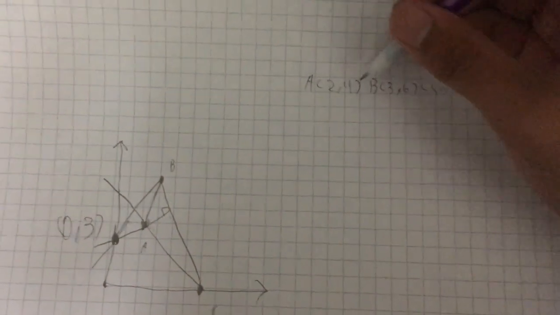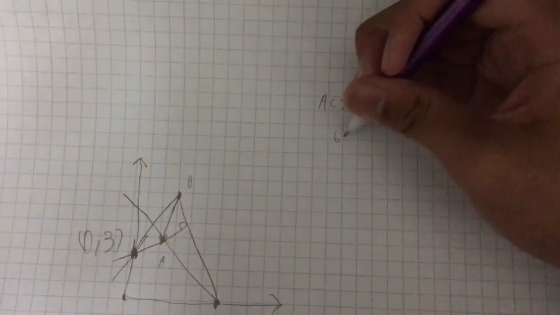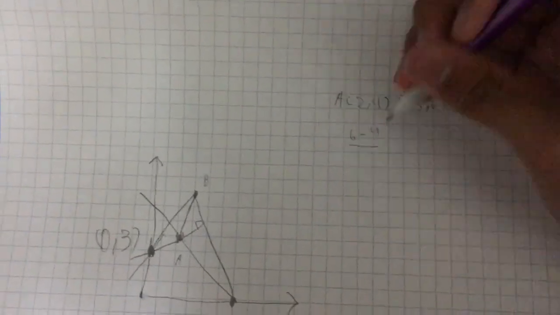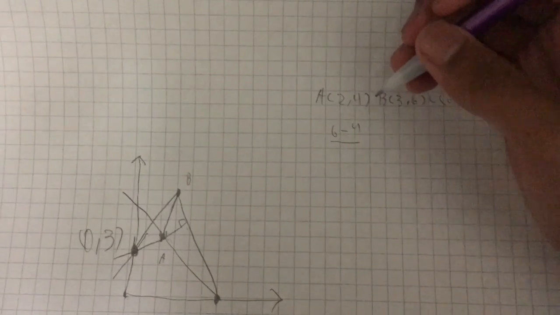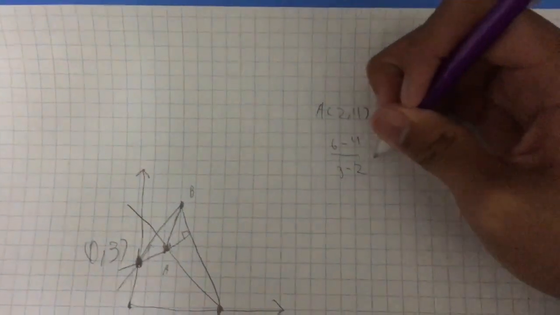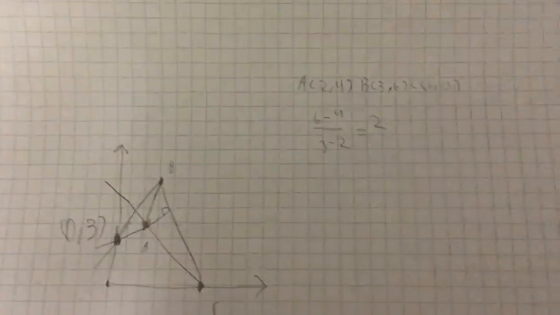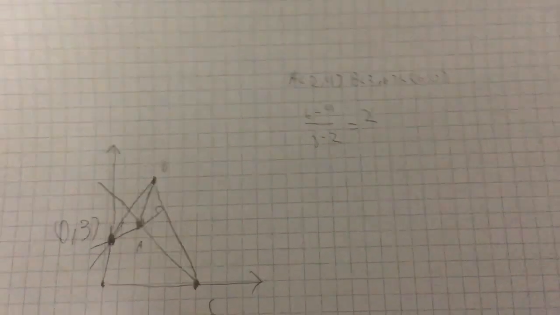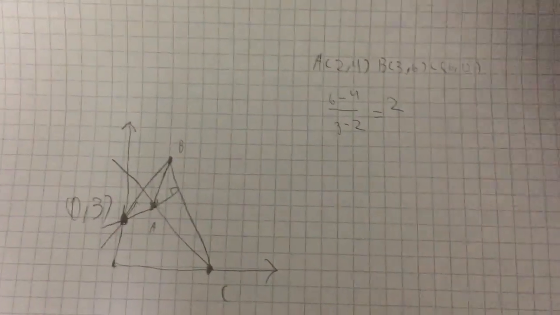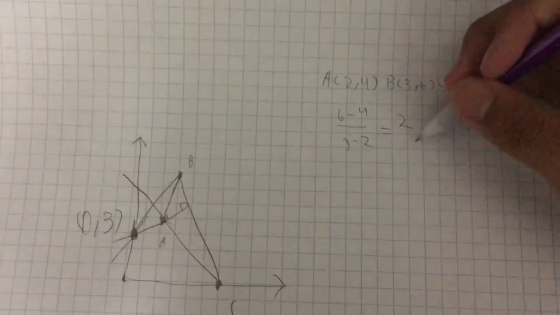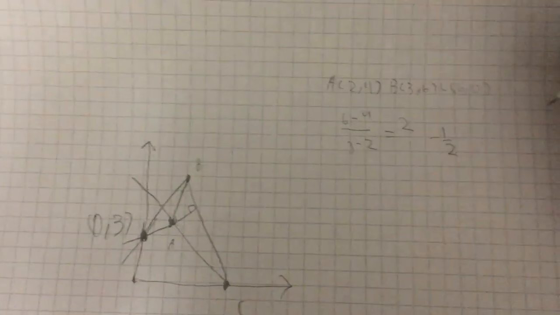So we find the slope of line AB. We use the slope formula. 6 minus 4 over 3 minus 2 is equal to 2, which means that the slope of the perpendicular line of AB must be -1/2, since it's the opposite reciprocal.